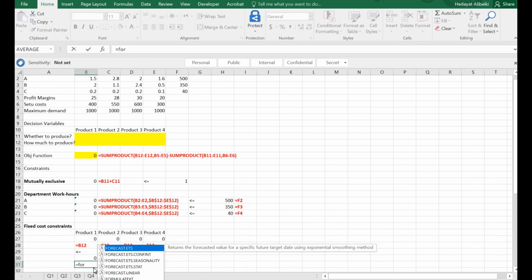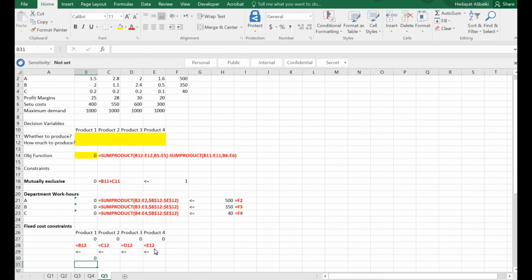So for product 1, x1, the amount of production for product 1, should be less than or equal to 1,000, given y1 is equal to 1.